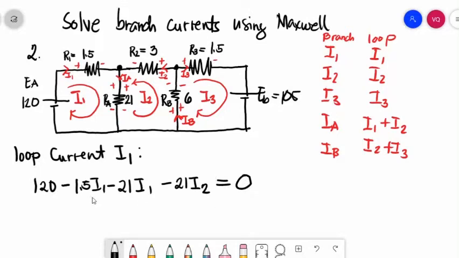So, simplifying this equation, we have 120 minus 22.5 I1 minus 21 I2 is equal to 0.